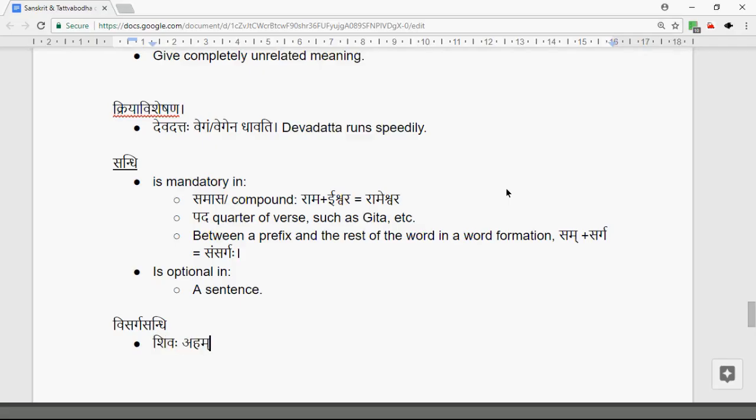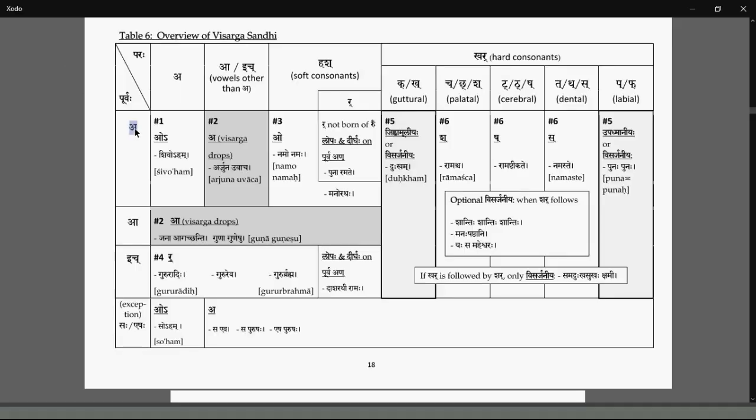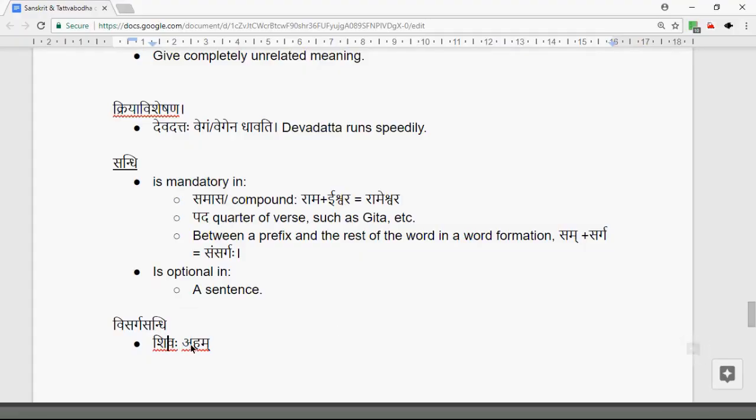This is a visarga sandhi, meaning the visarga in Shivaha is preceded by akara, and what follows is also akara, because of aham. So this is Shiv, a, visarga, and there is an akara. This is the sandhi: a, visarga and a.